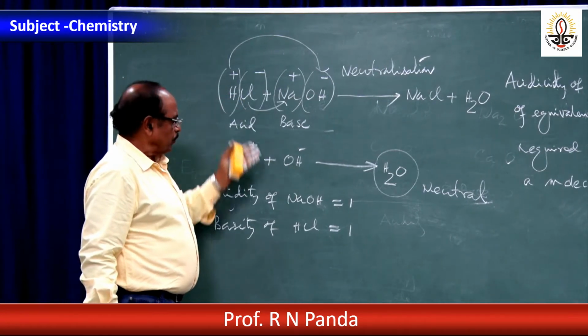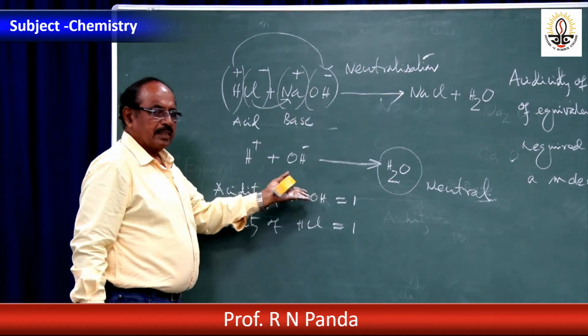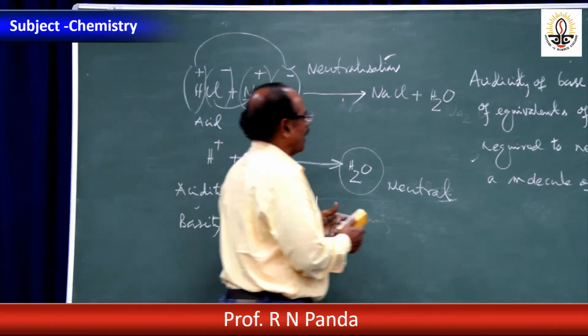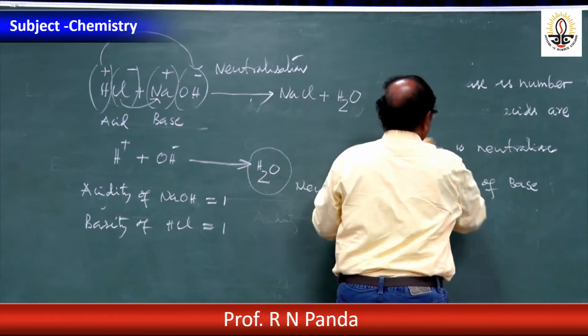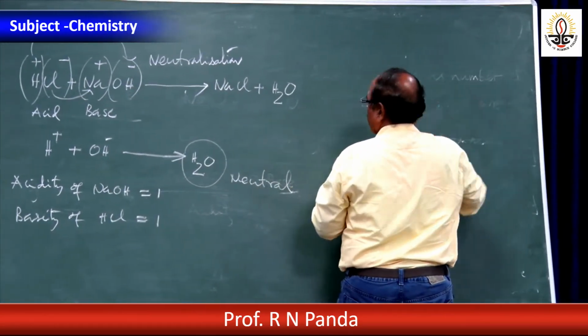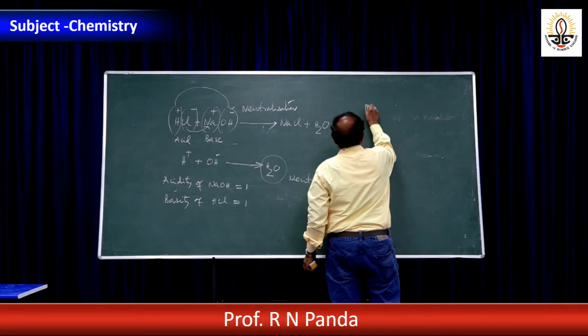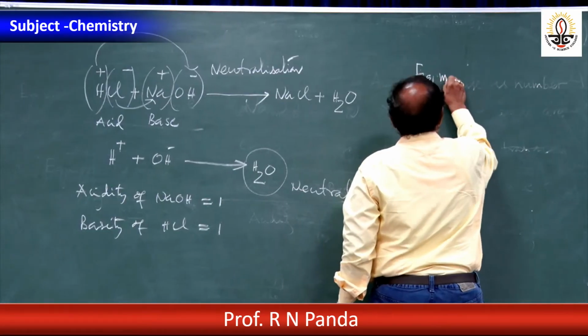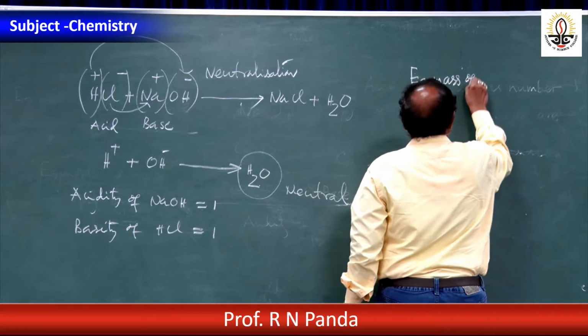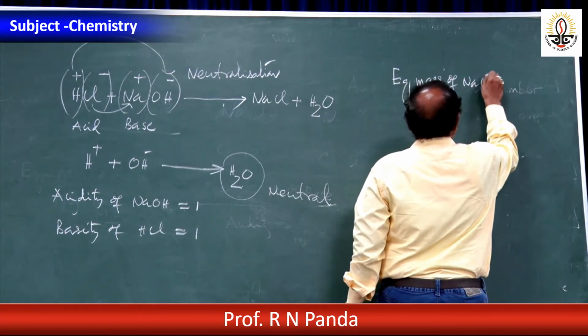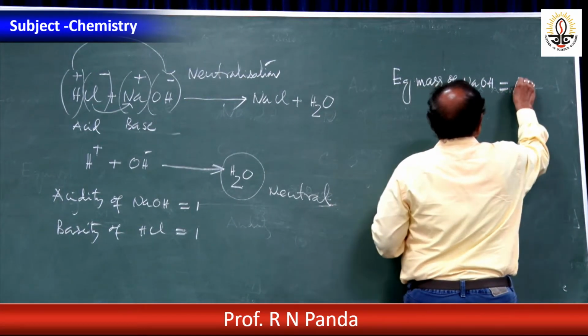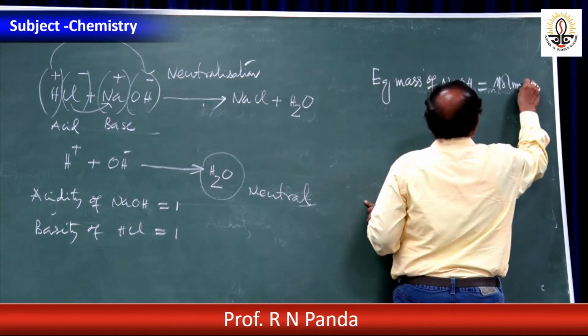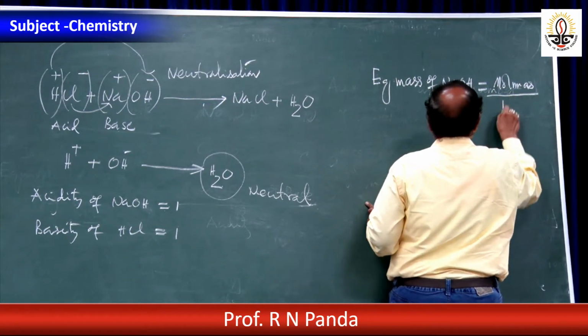So the acidity of sodium hydroxide is 1. Here the equivalent mass of sodium hydroxide will be equal to the molecular mass divided by 1.